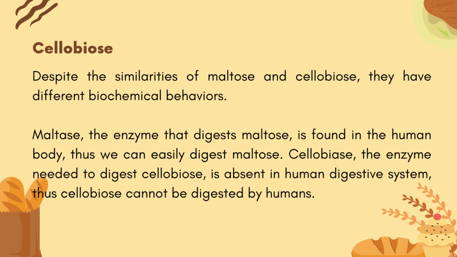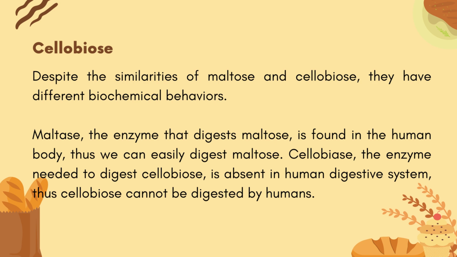Now, despite the similarities of maltose and cellobiose, they have different biochemical behaviors. One striking difference between the two is that maltase, the enzyme that digests maltose, is found in the human body. Thus, we can easily digest maltose. Cellobiase, on the other hand, the enzyme needed to digest cellobiose, is absent in the human digestive system.